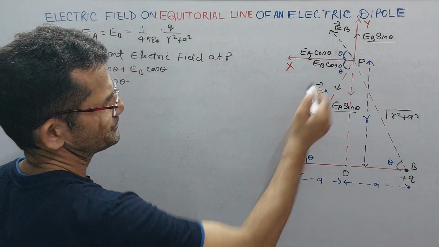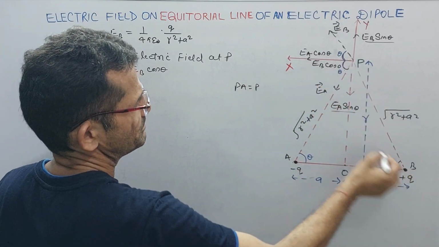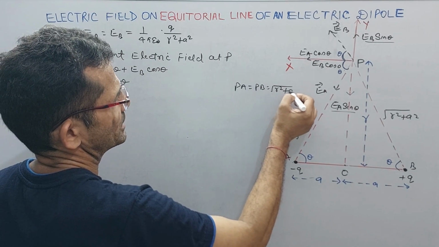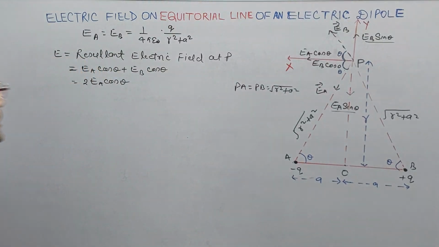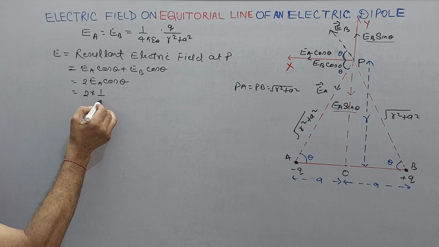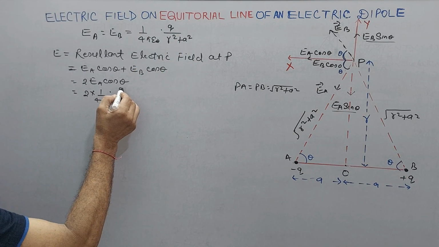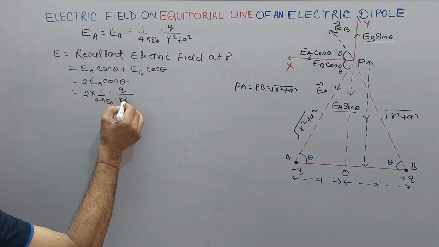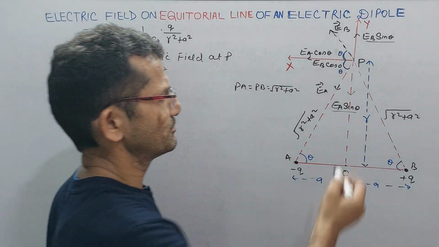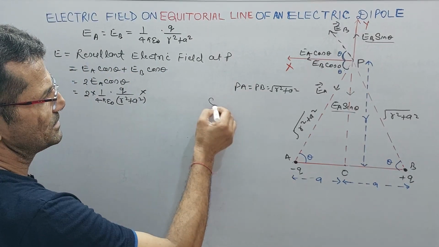Now here, since PA is equal to PB, it has the value r square plus a square. Putting the value of EA here, 2 times 1 upon 4 pi epsilon naught, and the charge q divided by r square plus a square, and the value of cos theta can be found from here.